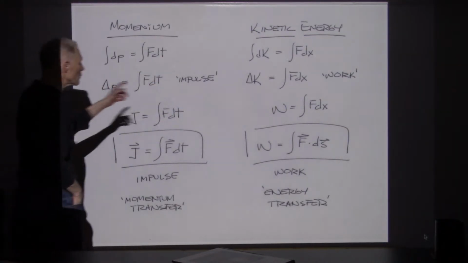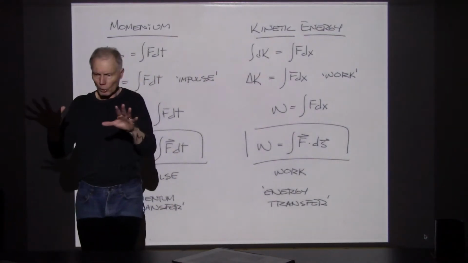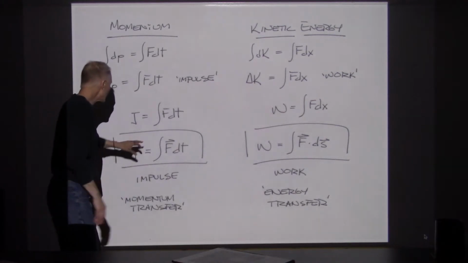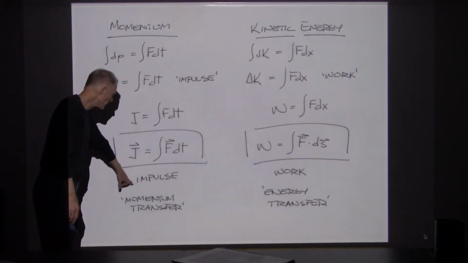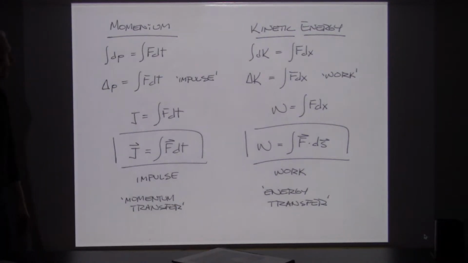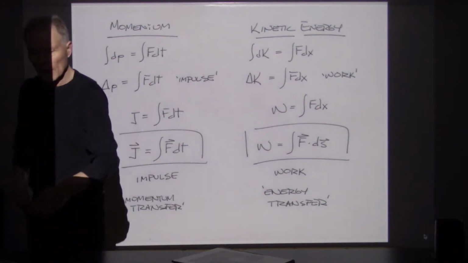At the end of the day, we said work was an energy transfer. Anytime work was being done on an object, energy was being transferred in. Similarly, impulse is a momentum transfer. So again, I wanted to do a side-by-side comparison because we spent a fair amount of time developing the ideas of energy and kinetic energy, and now you can see there's a similarity between kinetic energy and momentum.